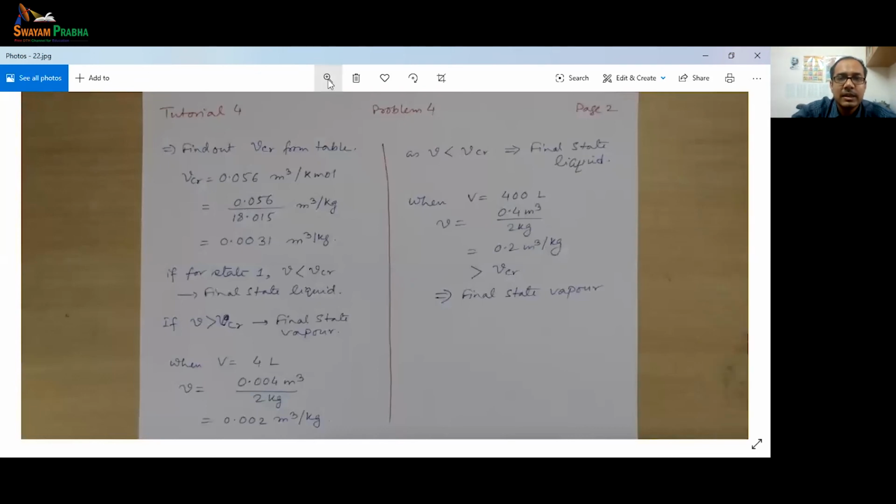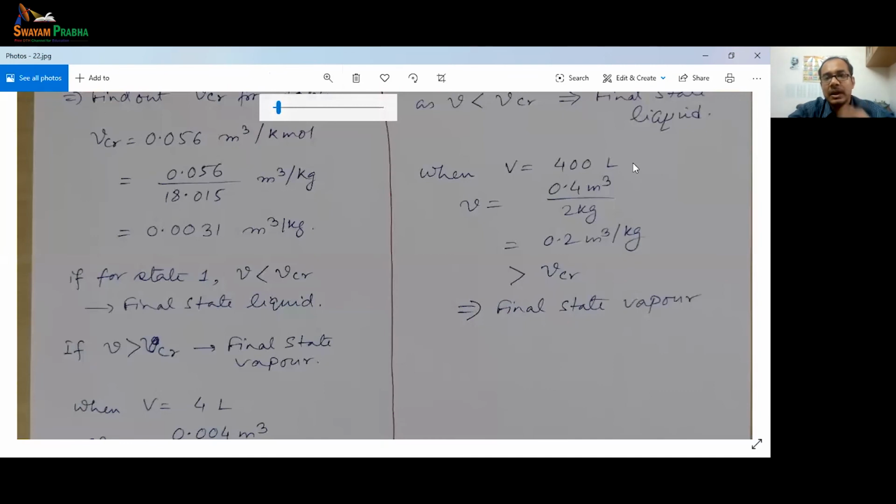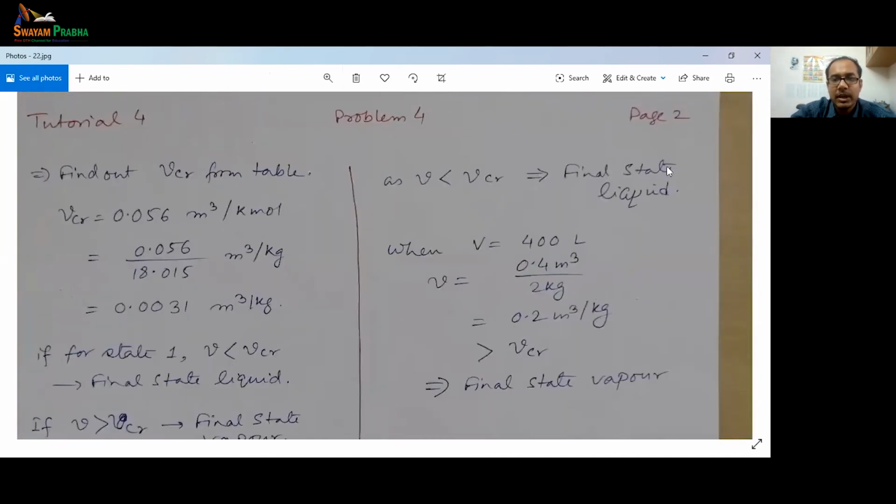That is why we can say the final state will be the liquid state. But if the volume is actually 400 liter, then the specific volume will be 0.2 meter cube per kg. That is greater than 0.003, right? So in that case, the final state will be vapor.